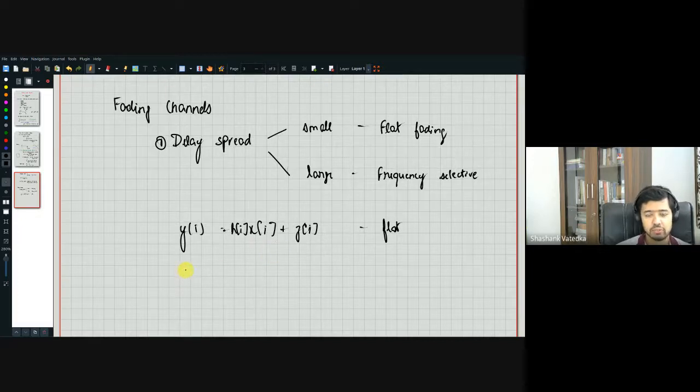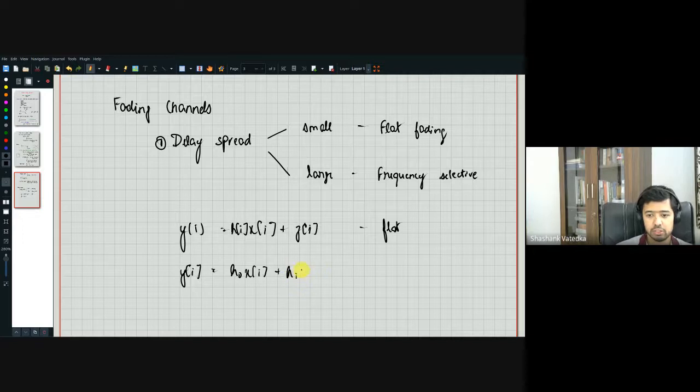Now, on the other hand, if the delay spread is large, then y of i is h0 x of i, but there are also components which were transmitted at the previous time instant and the time instant before that, and so on.